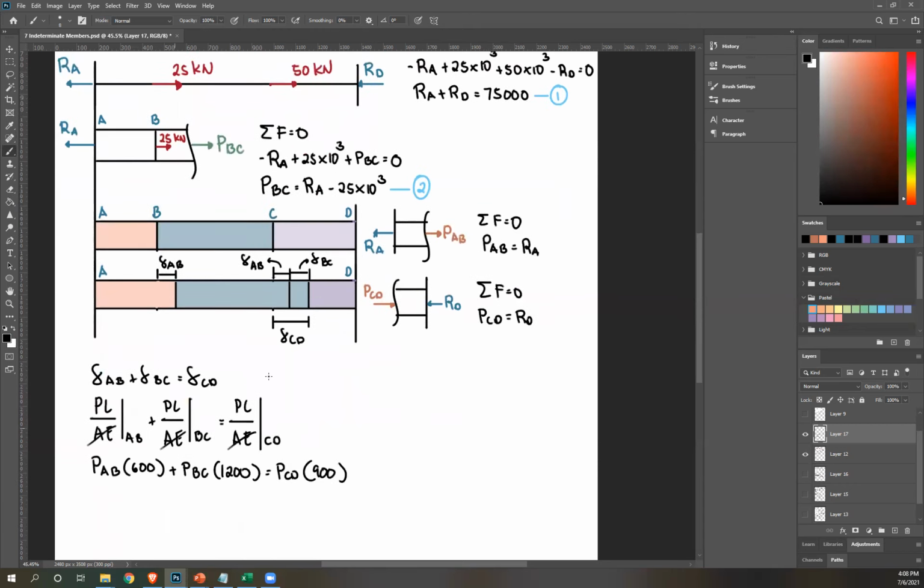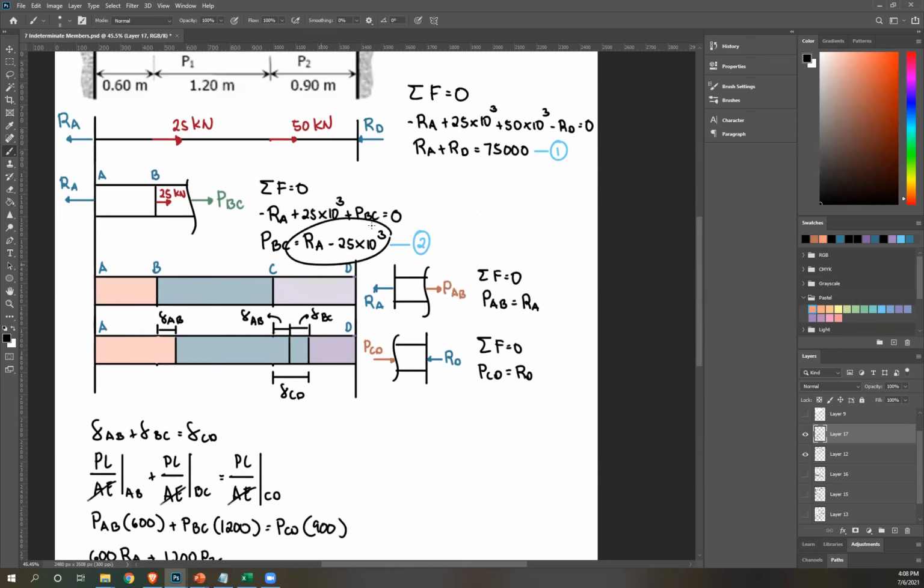Okay, so going back here, PAB is RA. So 600 RA plus 1,200 PBC. And what is PBC? PBC is here. RA minus 25 times 10 raised to 3.